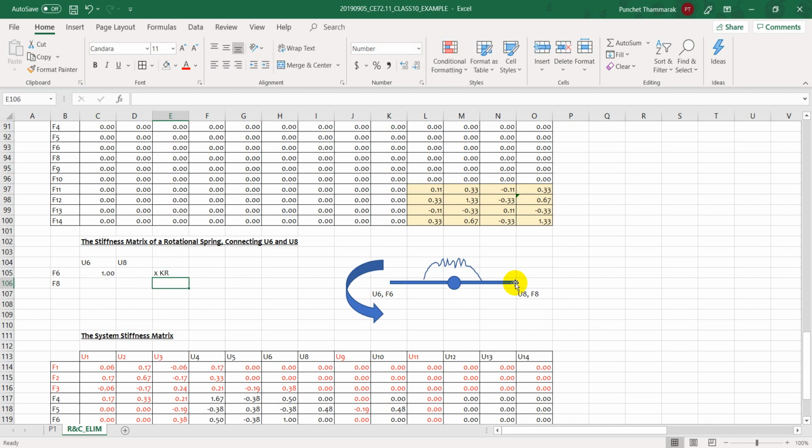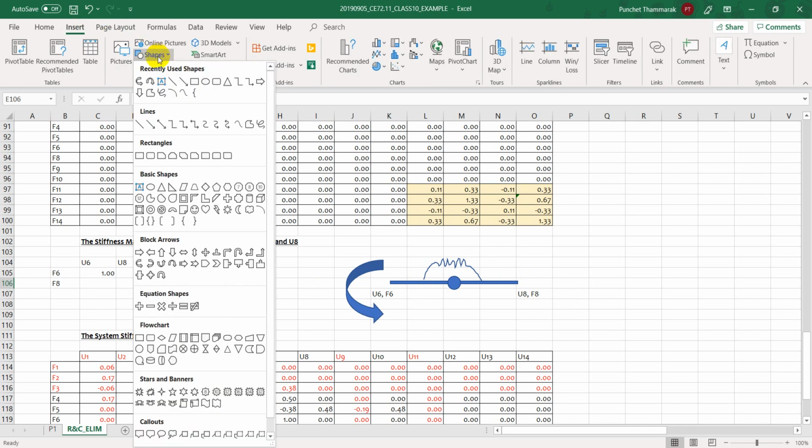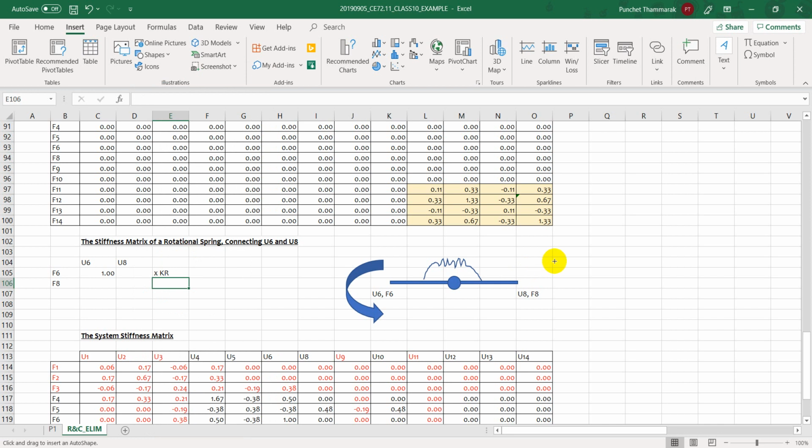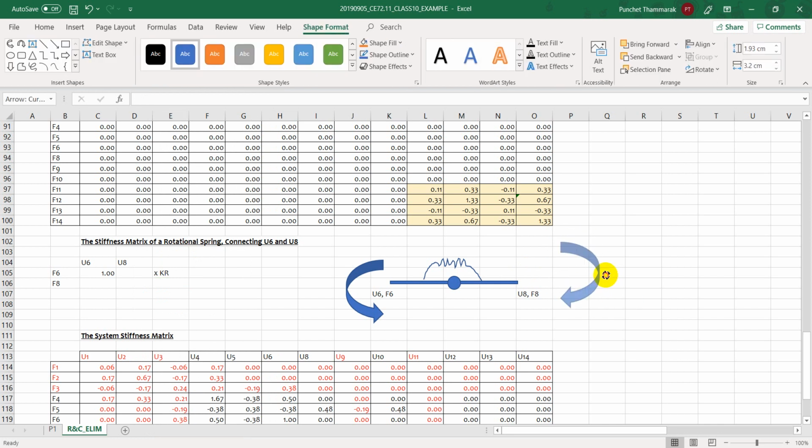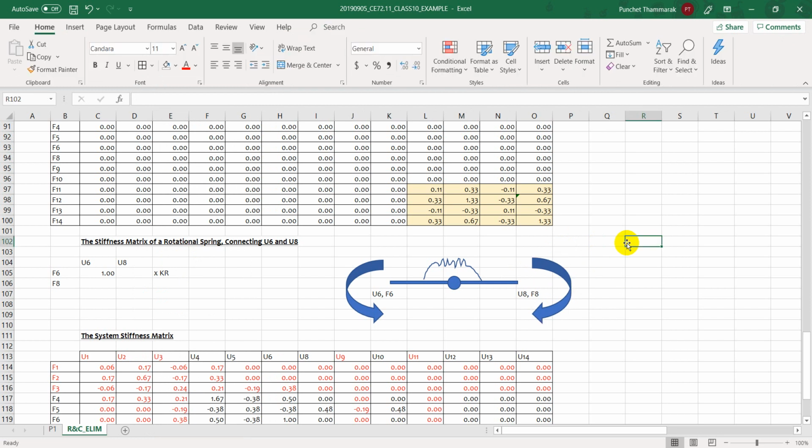And if you keep this side fixed, I mean restrain it against the rotation, the force you need to maintain the system in equilibrium will be this one, right?